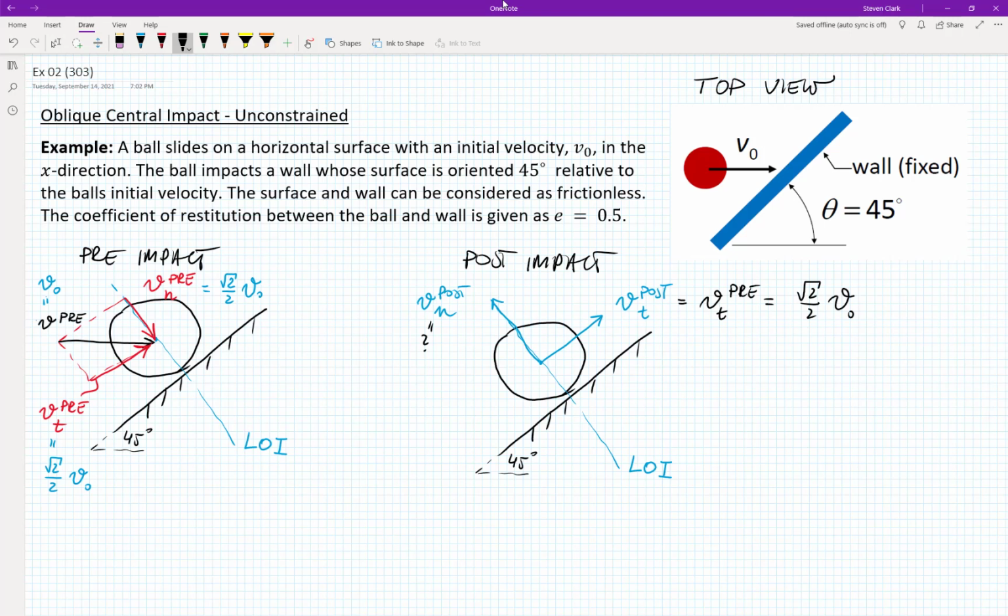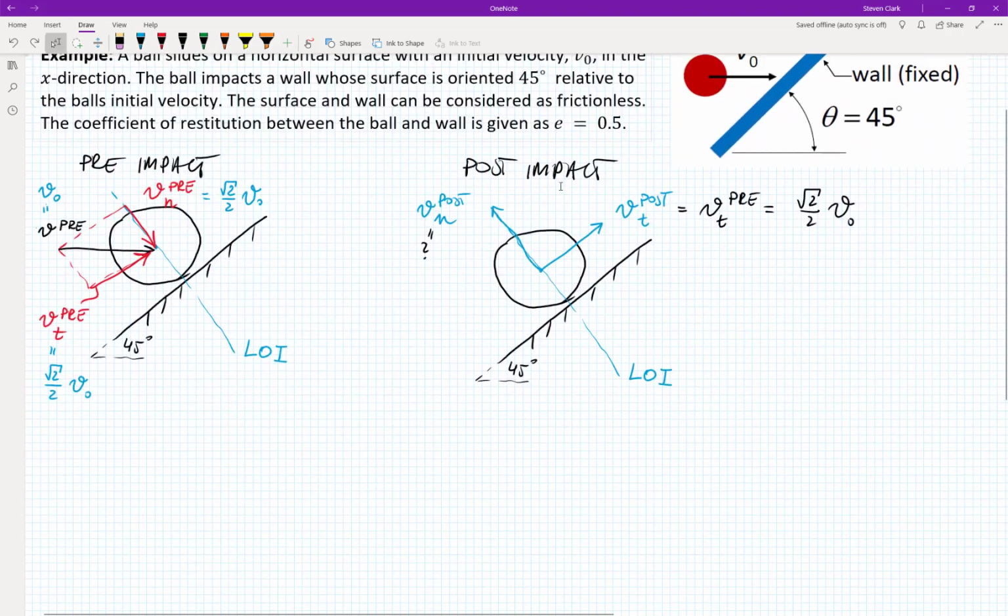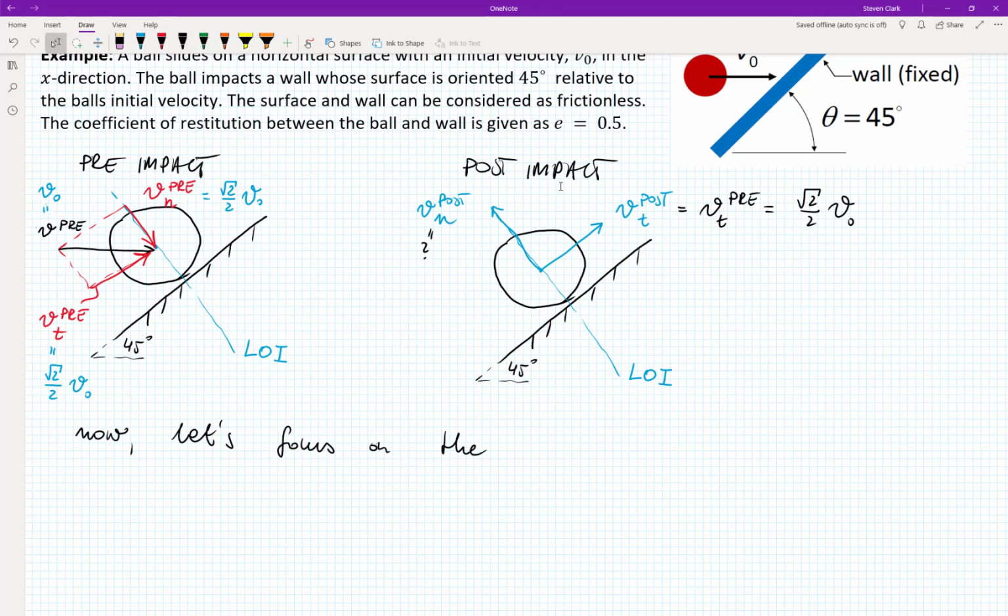But something changes along the n direction. In order to figure out what this value is, we just must repeat the strategy for the direct impact. So now let's focus on the n direction.